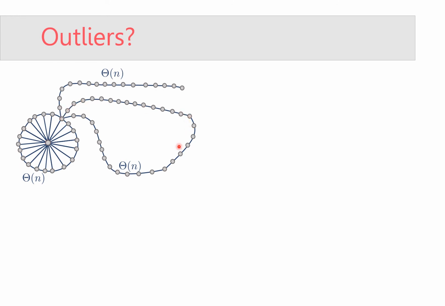The cycle is also large, on the order of the number of vertices, and this wheel right here is very dense, also with linear order of n vertices. Okay? So intuitively, it must be hard to embed this object into a line, because here is a topological hole we have. Here are a lot of vertices that have small distance to each other, etc.